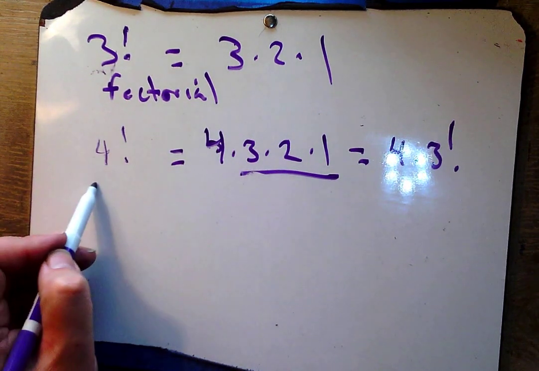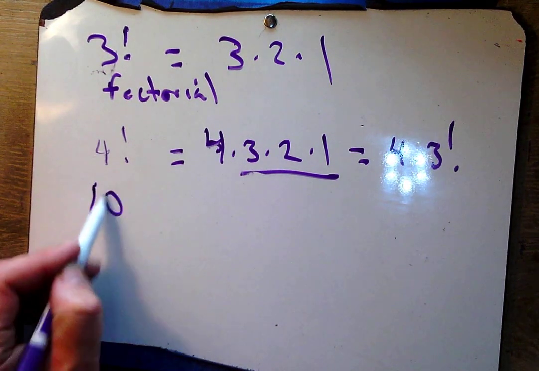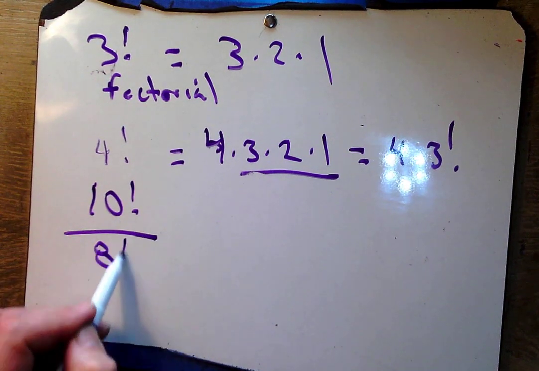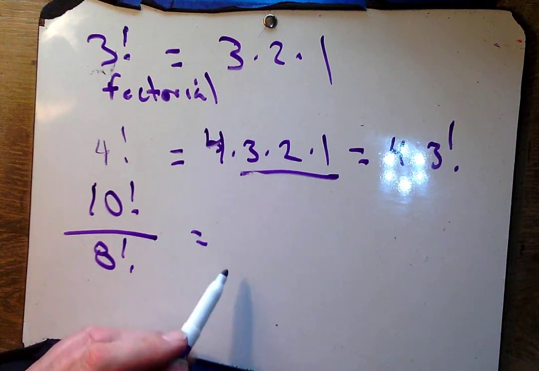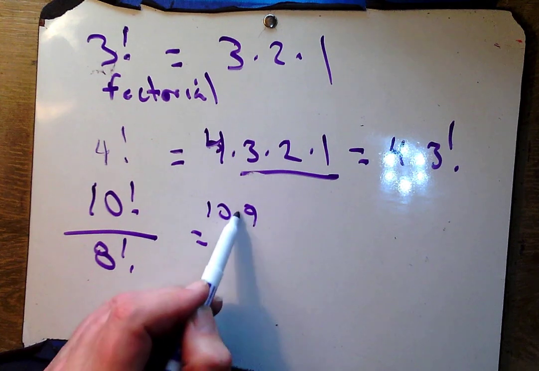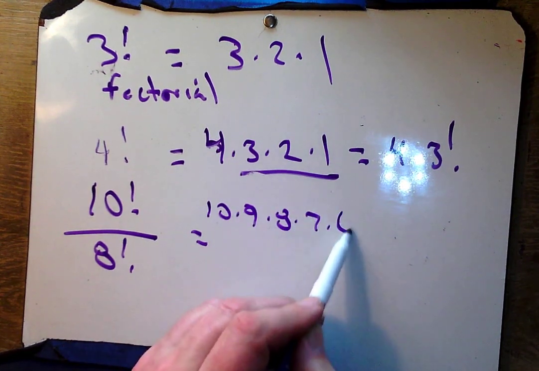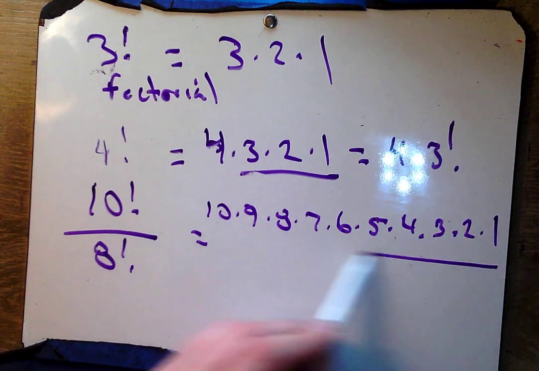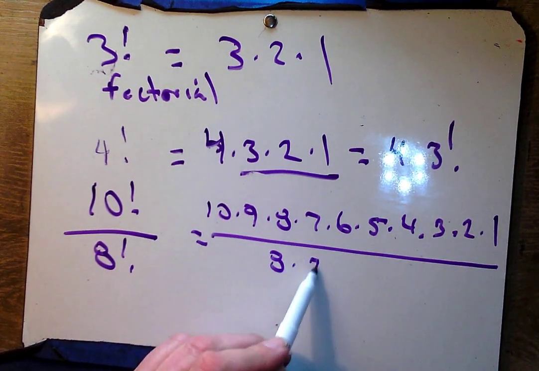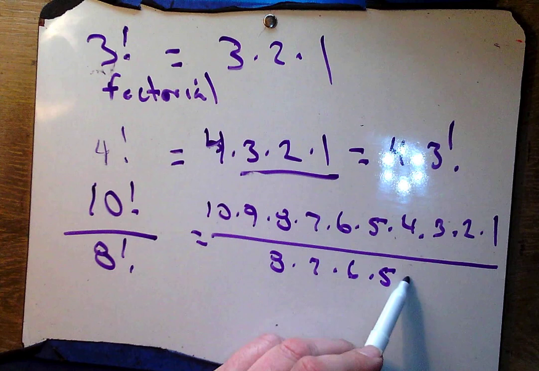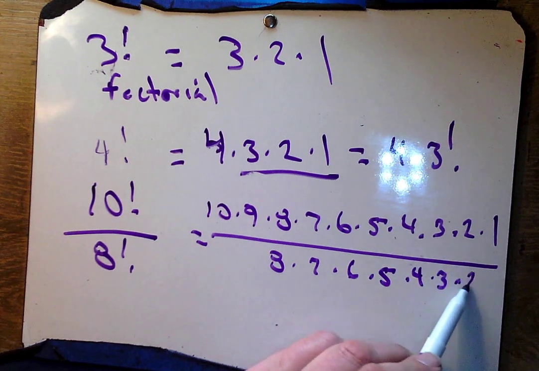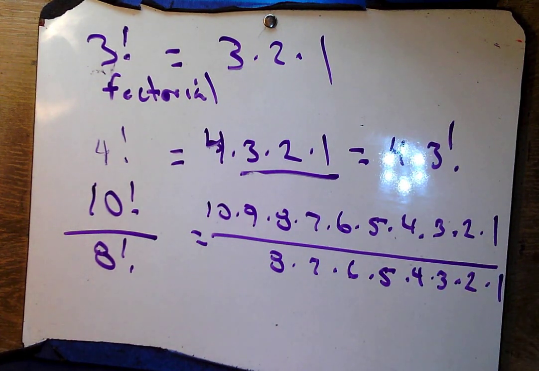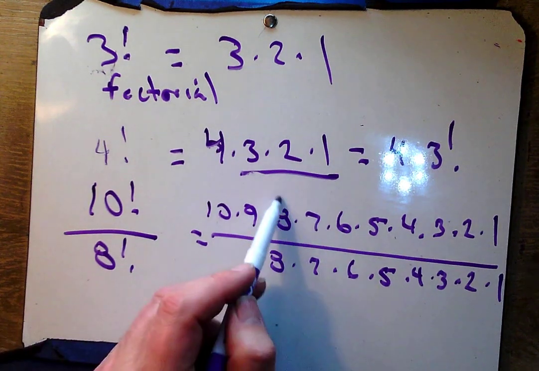Okay, so can you simplify this? 10, 9, 8, 7, 6, 3, 2, 1 over 8, 7, 6, 4, 3, 2, 1. So what happens?